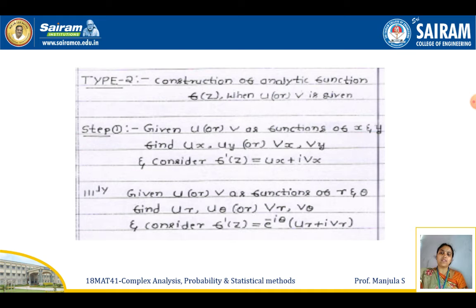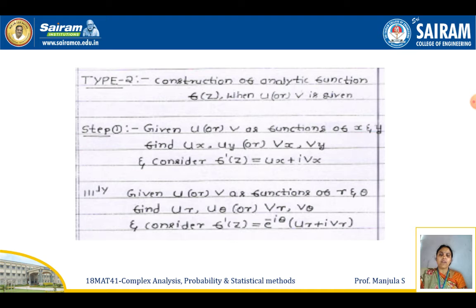In the first stage, suppose in a given question the real part or imaginary part is given in terms of x and y, then first we have to find the partial derivatives with respect to x and y. That means ux, uy, or if the imaginary part v is given, we have to find vx and vy, and consider the formula f dash of z equals ux plus i into vx.